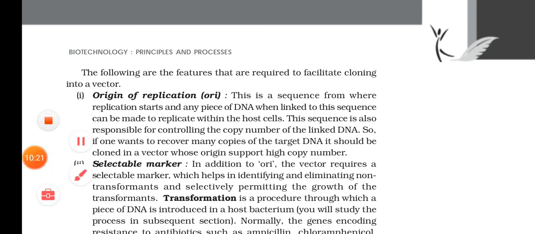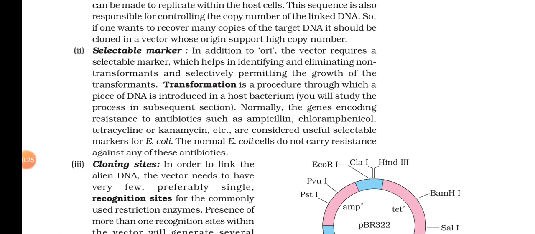Okay, then next is selectable marker. So a marker is used to identify, listen carefully, a marker is nothing but a piece of gene only, which helps in identifying the transformants and non-transformants.